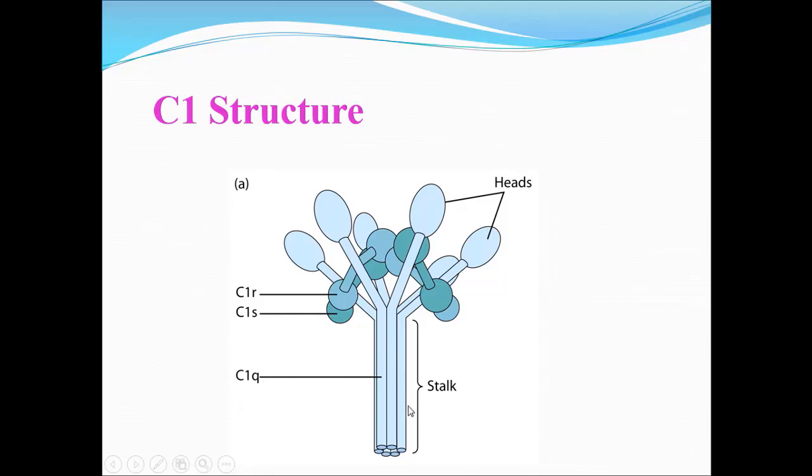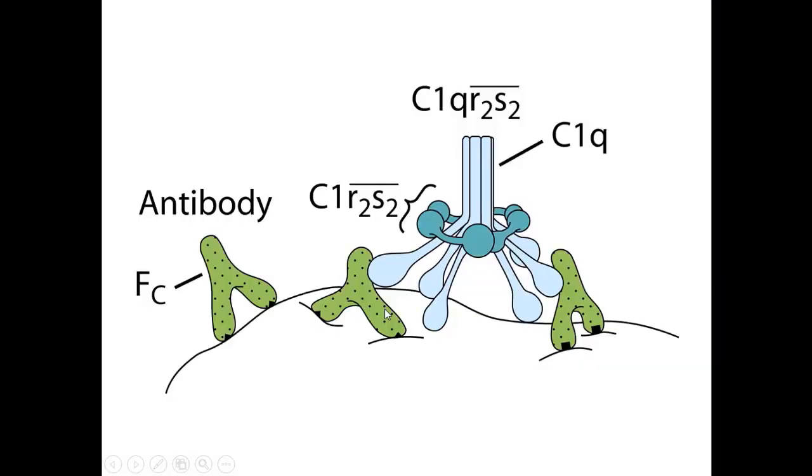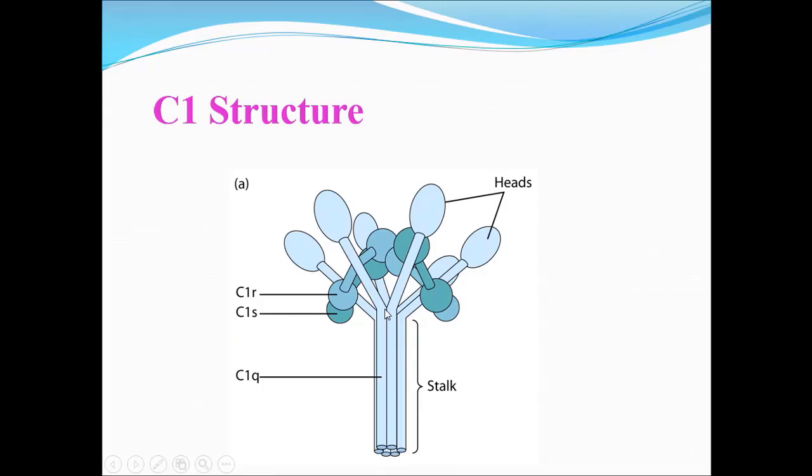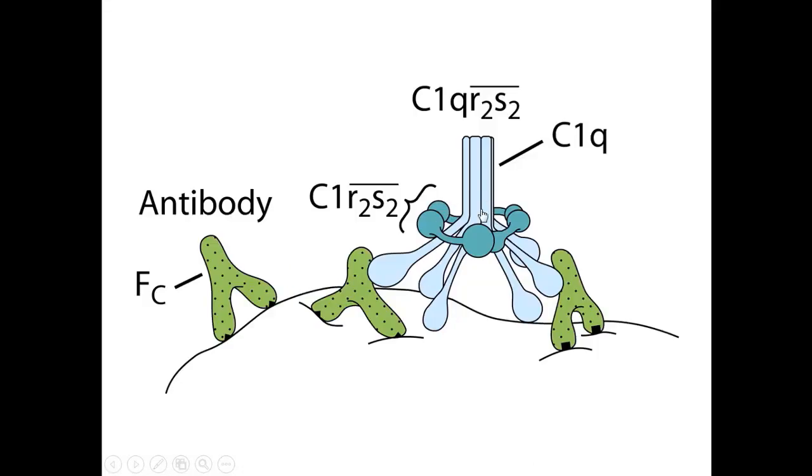As you see here, C1q has a collagen-like structure with a stalk and 6 heads, and it binds to antibody. C1 binds to antibodies from the heads of C1q.